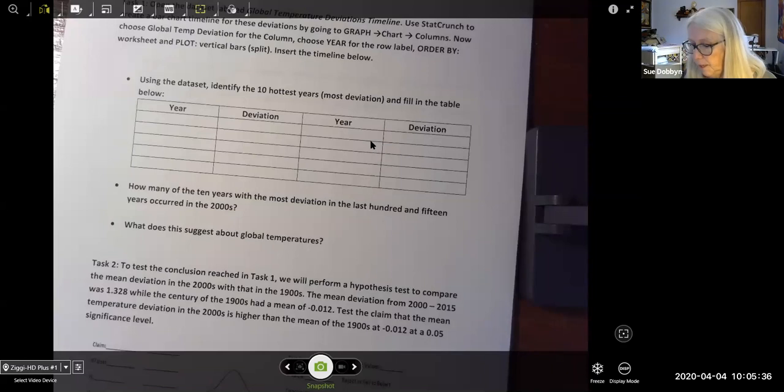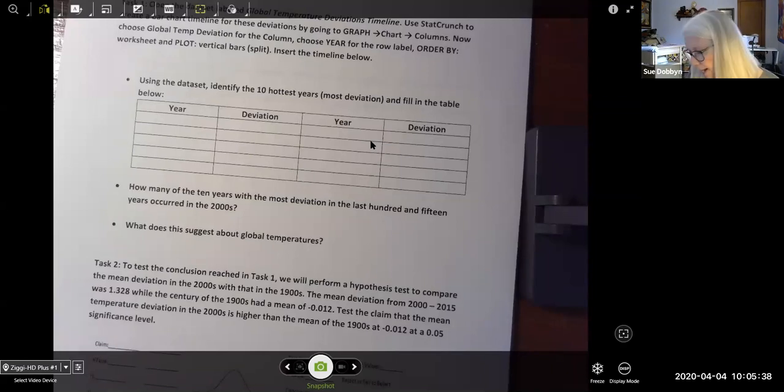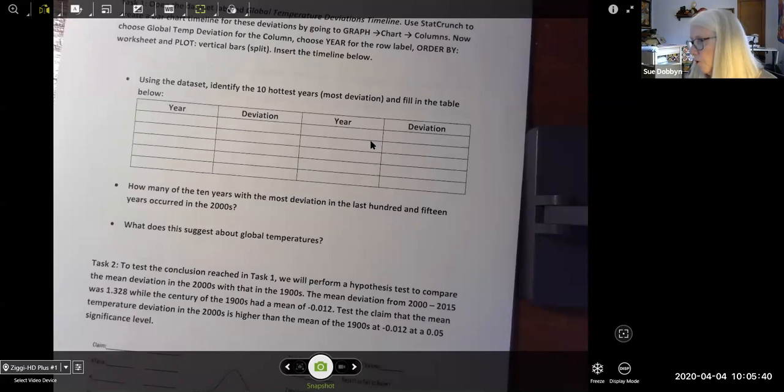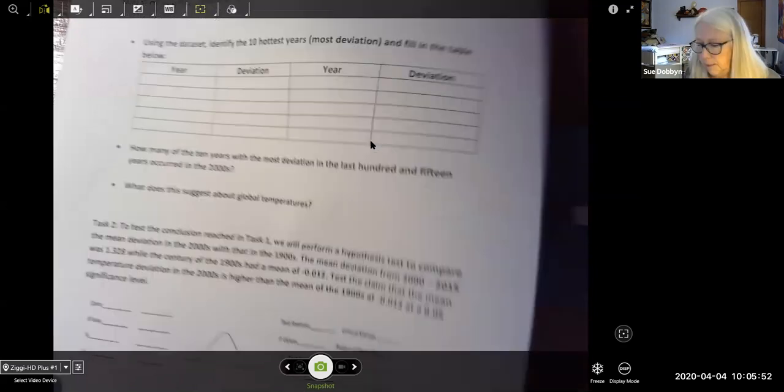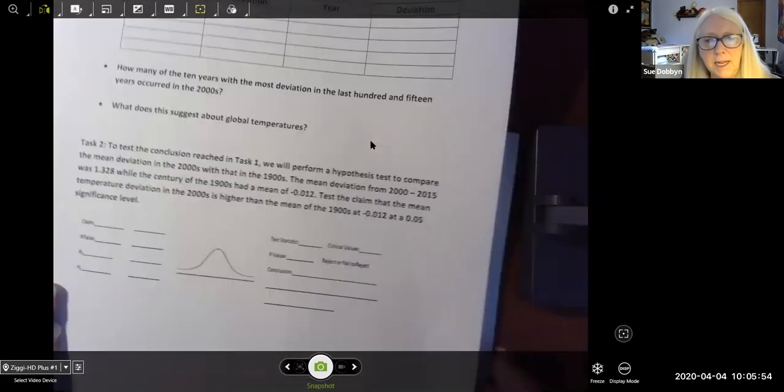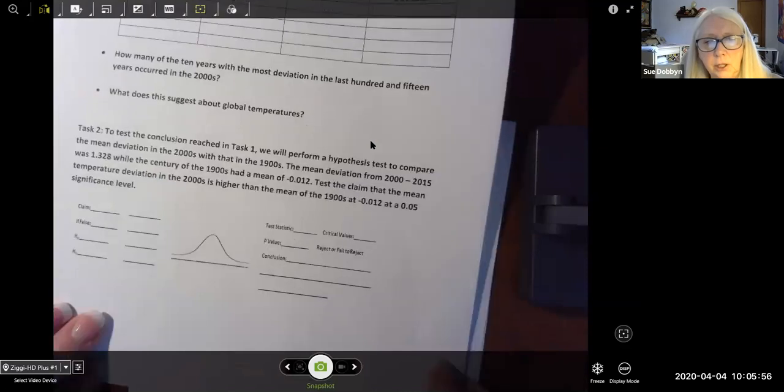Now, that is an observation based on a chart, which is useful, but it's not as meaningful as performing a hypothesis test about this. So the second task says to test the conclusion reached in task 1.